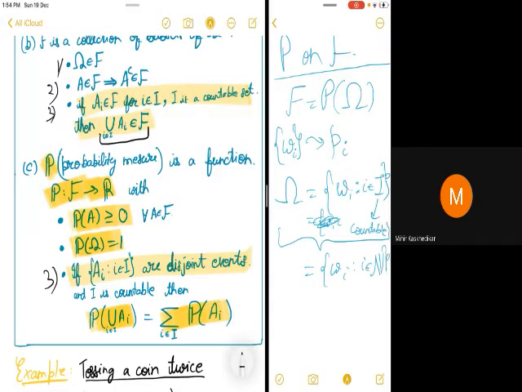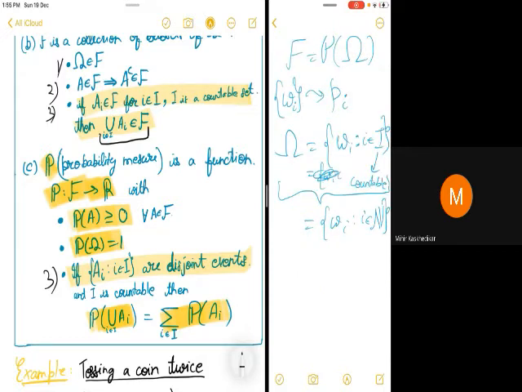So basically we can label the set with natural numbers. That is almost true, unless the set is finite, which is why I have put this I, which can be a natural number or 1 to m.